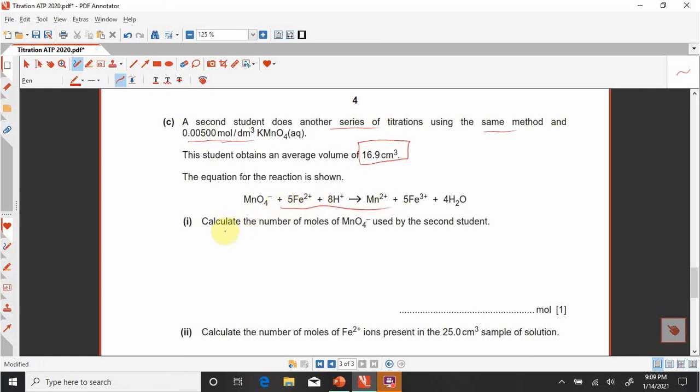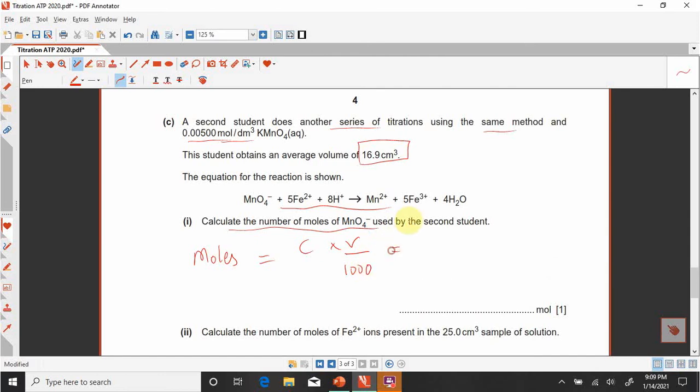Now for this reaction, calculate the number of moles of MnO4 minus using the second student's result. How will we calculate the number of moles? Number of moles is equal to C for concentration into V for volume divided by 1000, because we have to convert the cm cube into decimeter cube.